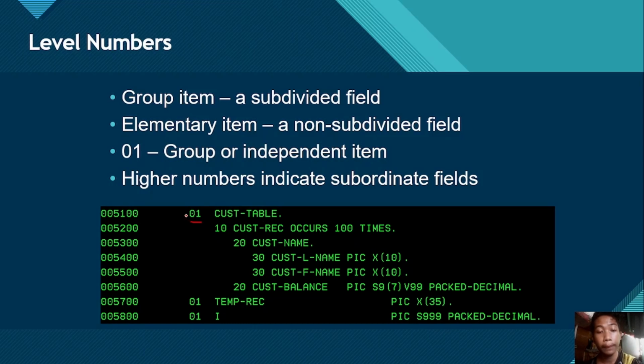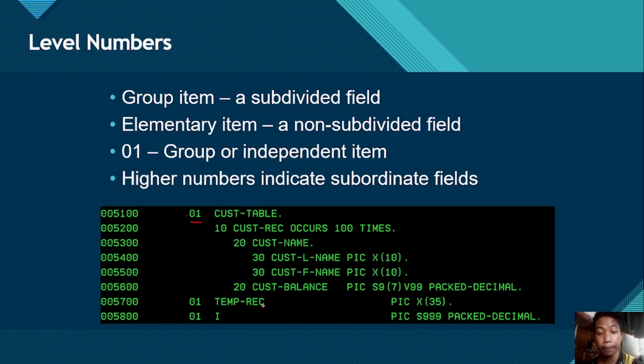We create a table of customers which consists of a customer record that occurs 100 times. So the table will have 100 customer names, each consisting of customer last name and customer F name, and also we have the customer balance.